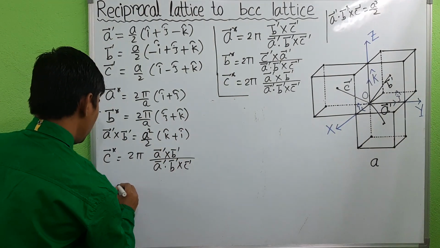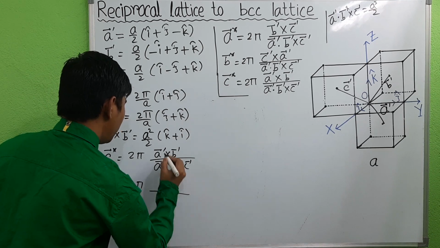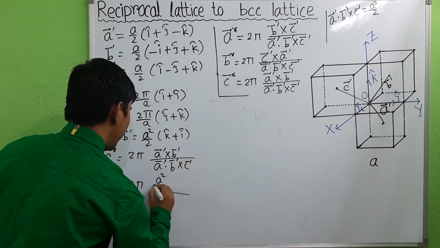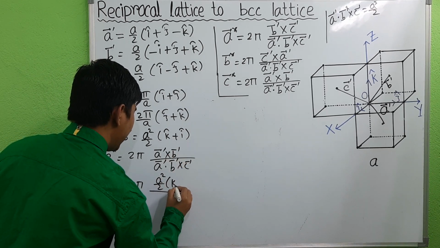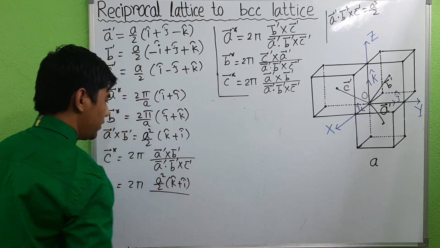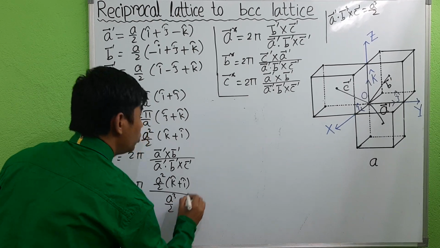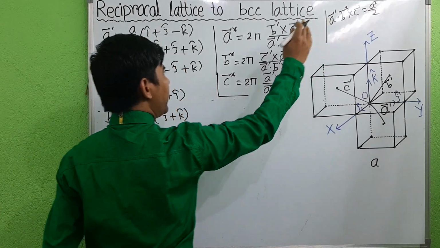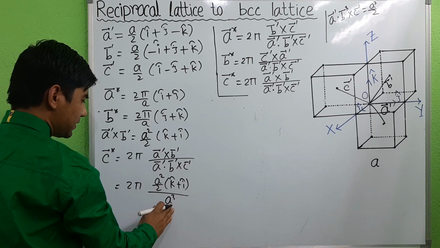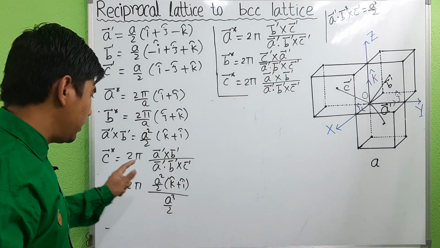So this is equal to 2 pi, where the value of this term is a square by 2 (k cap + i cap), and the value of the volume term is a cube by 2, because a vector dot b vector cross c vector is a cube by 2, which we calculated previously.